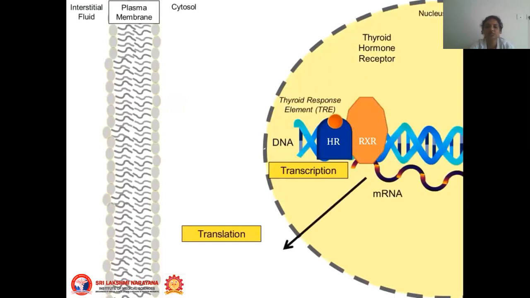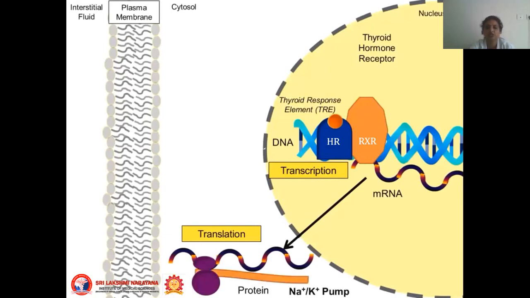Along with this comes and binds the retinoid X receptor. Once the hormone receptor complex binds with the RXR, there is transcription and translation occurring, which helps in the production of the required proteins to act on the target organ. For example, the sodium potassium ATPase pump.